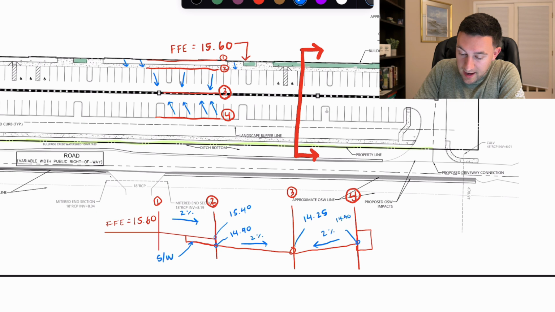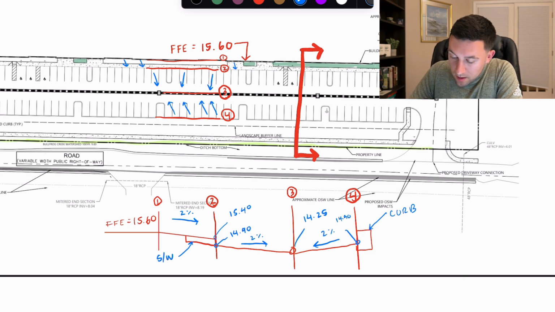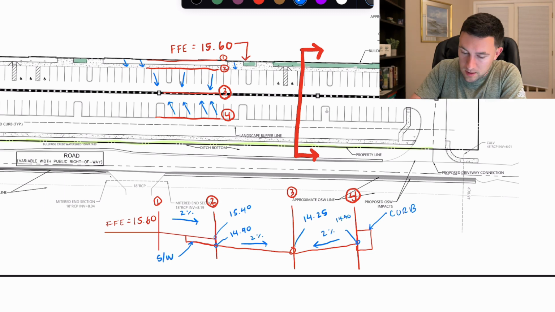Now notice how we have a little curb here. I'm going to highlight the curb. So we have curb listed out right there. Well, we're going to be proposing, I believe it was D curb, proposed type D curb. This type D curb happens to be 6 inches from the edge of pavement to the very top. So I'm going to draw a little curb here, not the greatest looking curb.